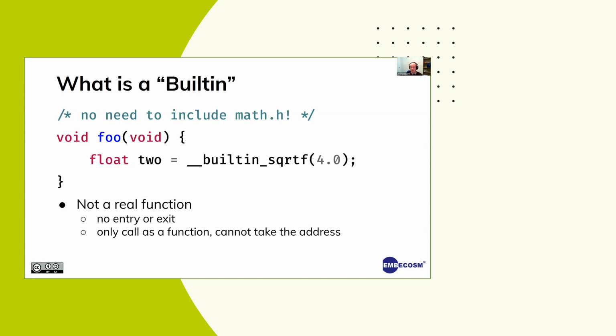But one of the reasons you have this is that if you have an architecture that perhaps has a square root instruction, and that may seem strange these days, but in the past, architectures like the VAX had instructions that would do this, then this would give you a mechanism for automatically generating the instruction. So that's why you have them. Square root perhaps is a little unusual. In other cases, there is more opportunity to access the real hardware.